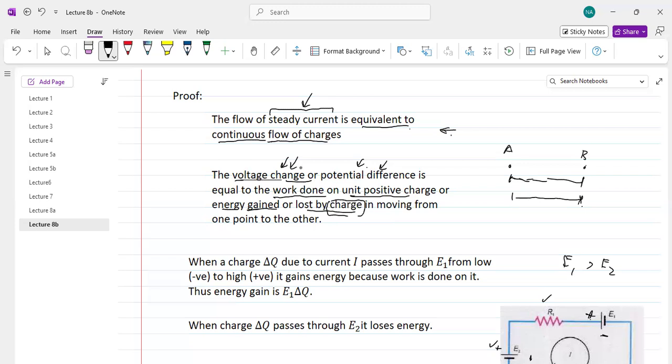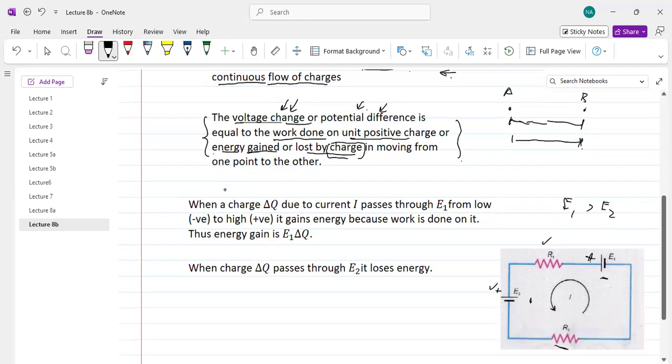These are two basic concepts which you must have in mind in order to understand what is going on. So this is a very important concept. I hope you have understood this concept.